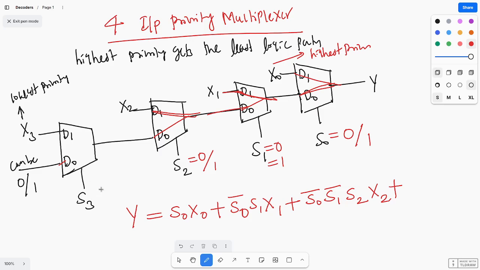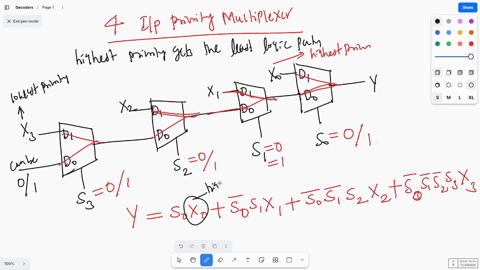When s3 equals 0 this path is connected, and when it is 1 this path is connected. So I write s0 bar, s1 bar, s2 bar, s3, which connects x3. From this we can say that this has the highest priority.